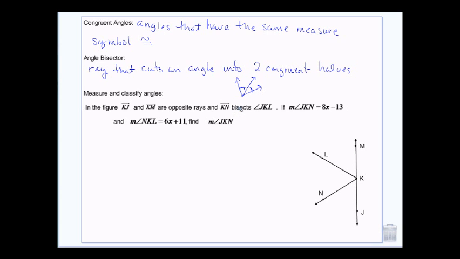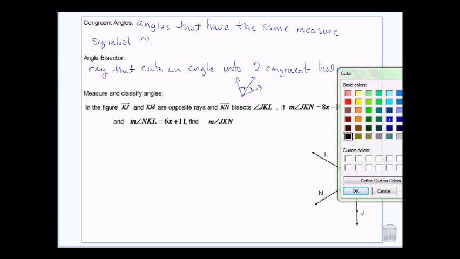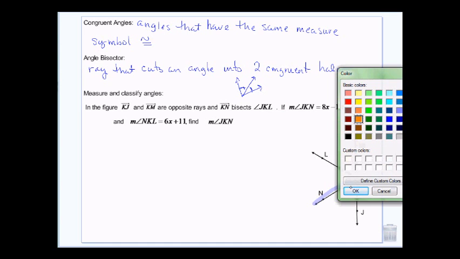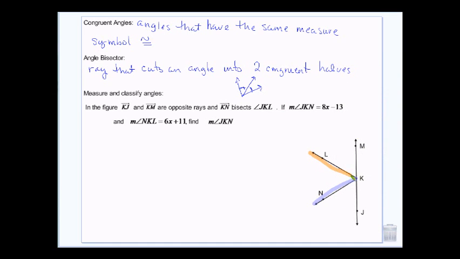So we can use that with this next problem. I have KN, so if we look at KN, it is this one right here. KN is bisecting JKL. JKL is this one right here. So what that's telling me is that this angle and this angle are congruent.